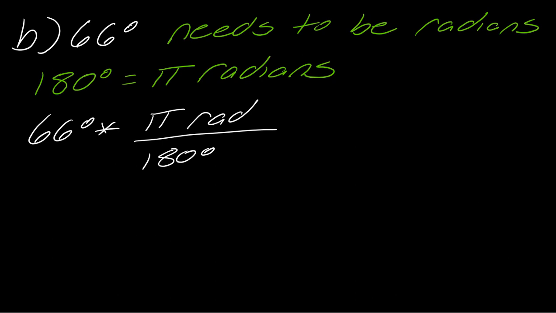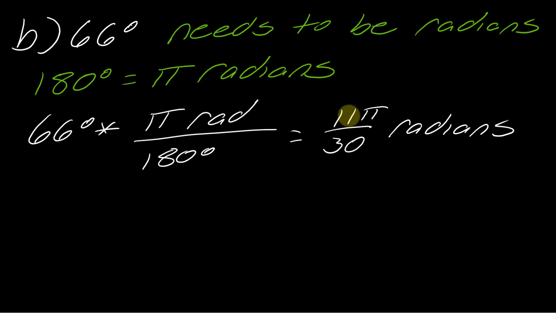A word of advice: when you multiply these things together, make sure you leave this as a fraction. Your calculator should be able to convert 66 over 180 to a simpler fraction. If you don't know how to do that, maybe Google it or ask somebody, because this is a more exact number in your calculations.